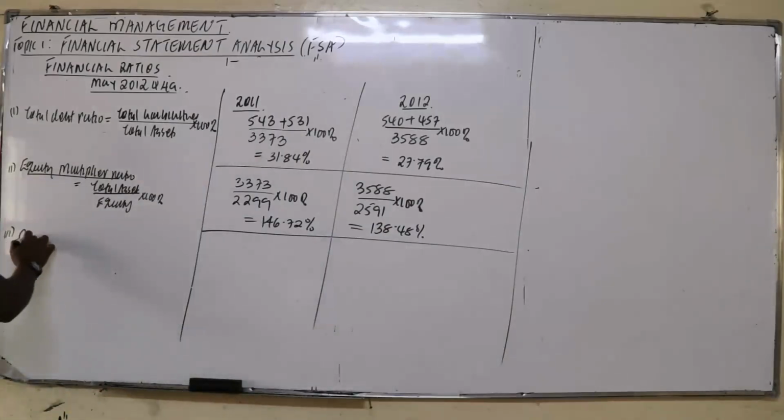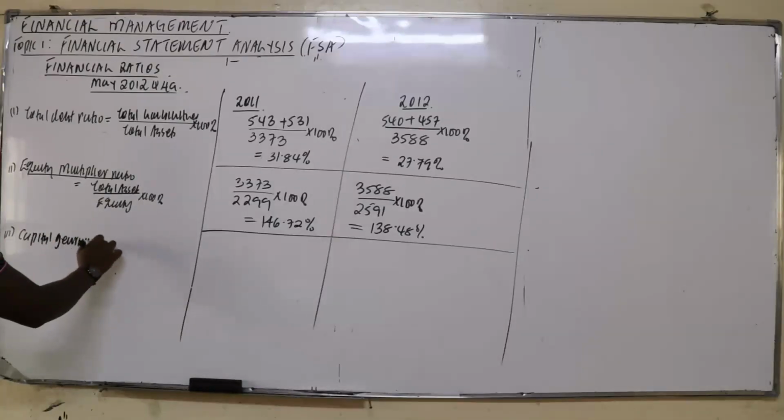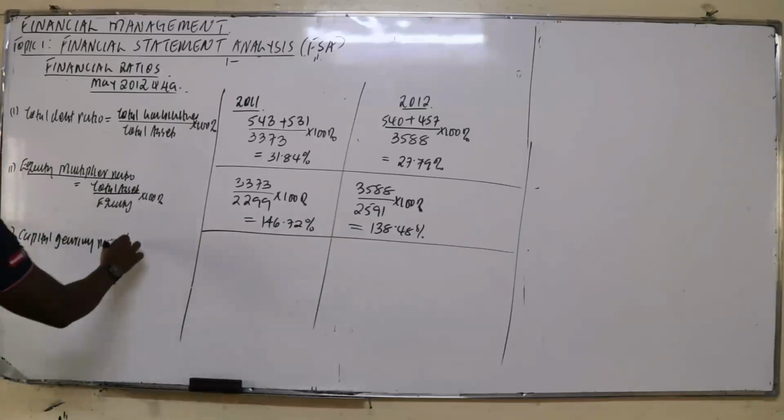the capital gearing ratio. You need to know this terminology. Capital gearing ratio is also known as what? Correct, it's the debt to equity ratio.